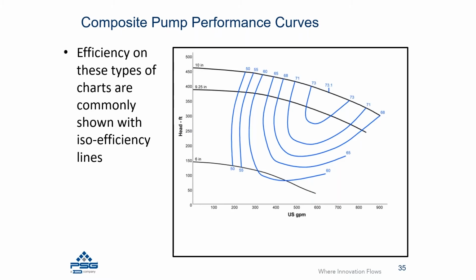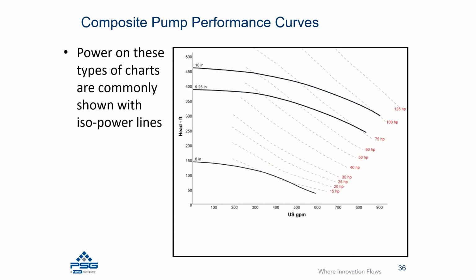So if you look farther to the right on one of these curves, this pump has a 50% efficiency curve, a 55, a 60, a 65, and so forth, up to what is published as best efficiency of 73.1. Now, anywhere on that line is going to represent the particular efficiency that line is noted for.